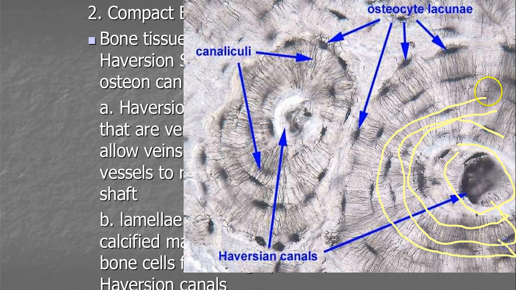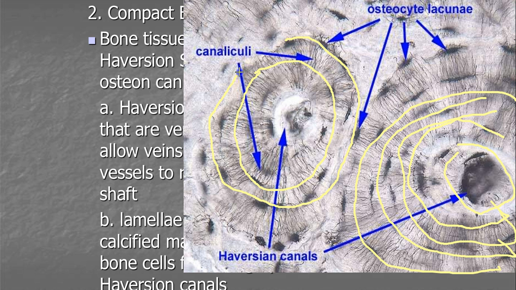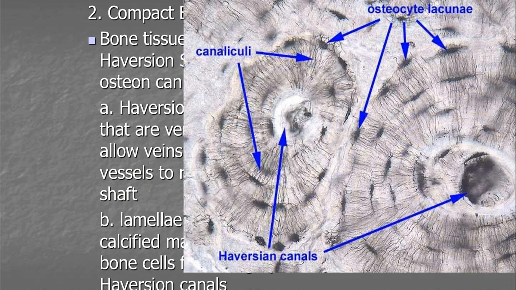You'll see the border of a ring right here, and another here. It continues over here. But each one of these rings is actually called a lamella itself.